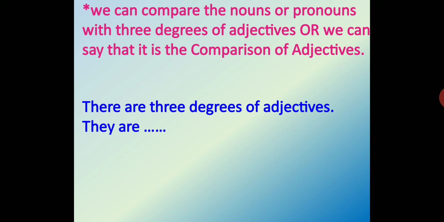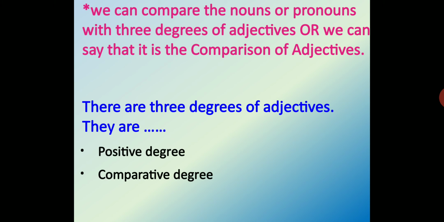Now you have a question: how many degrees are there and which are they? Let's see. There are 3 degrees of the adjectives and they are positive degree, comparative degree and superlative degree. These are the 3 degrees where the adjective can be compared. Let's learn more about these 3 kinds of degrees.